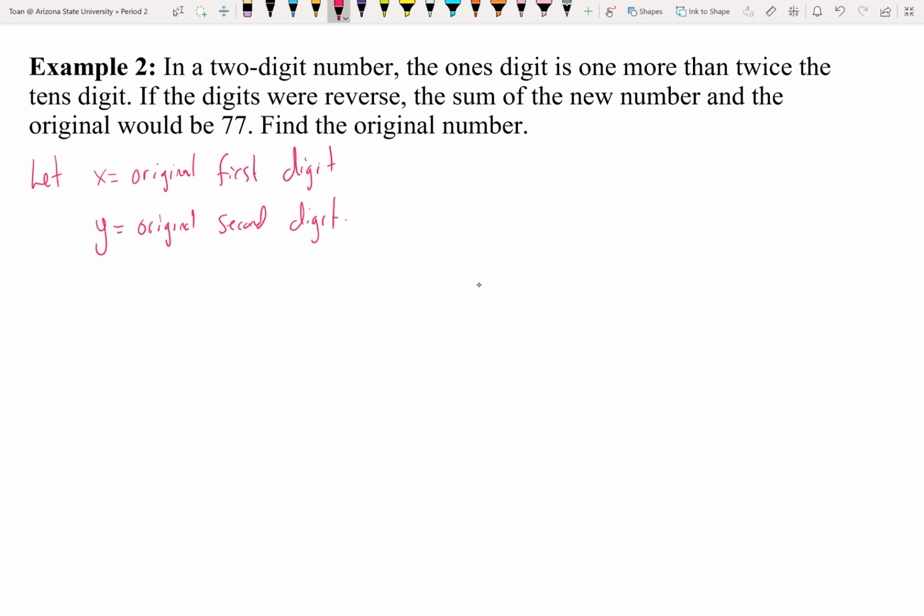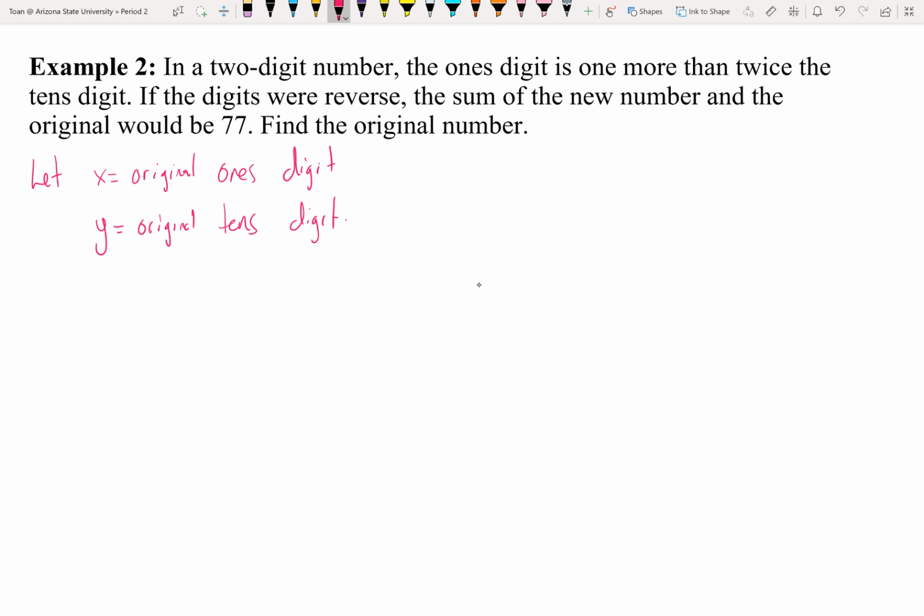Or first and second might sound too confusing to you. Do you guys prefer ones and tens? Use whatever terminology makes sense to you. I think I'm going to revise this after rereading the question. Since they talk about ones place, tens place, I'm going to fix this and say it's ones place and tens place. It really doesn't matter, and to prove that it doesn't matter, I'll let you decide. X, do you want him to be the ones or the tens? Ones, I hear. And then y would be the tens.